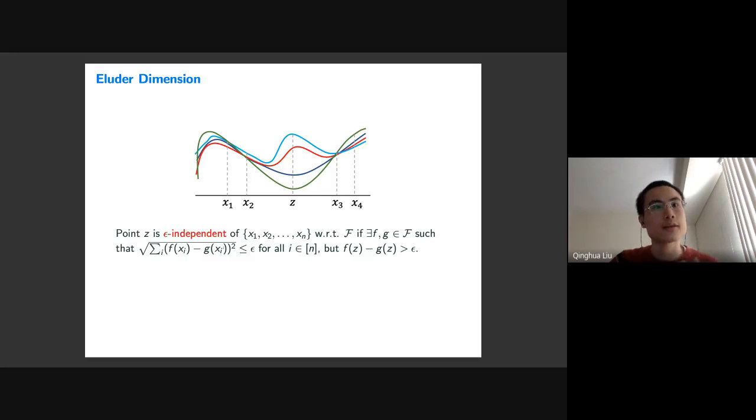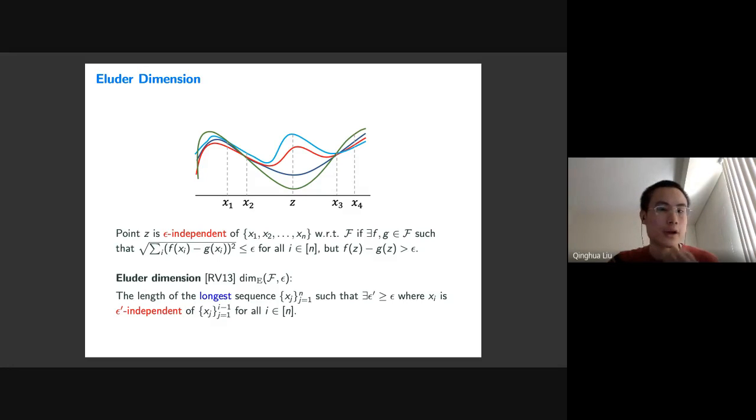We can see their squared difference at x1 to x4 is very small, but they are very different at point z. So in this case, this point z is independent of x1 to x4. Okay.